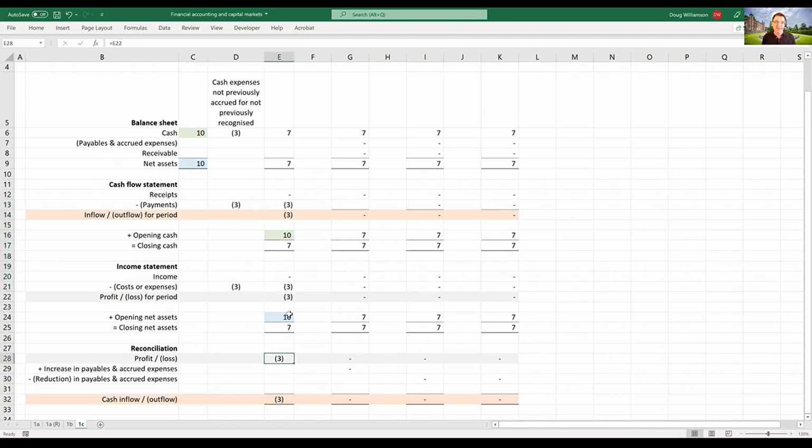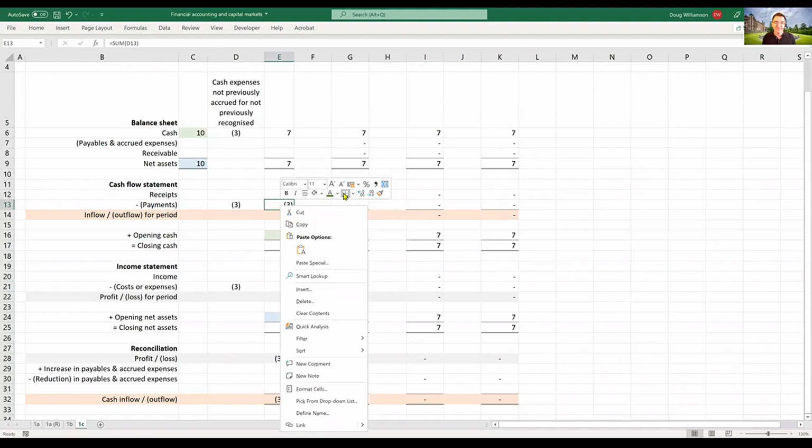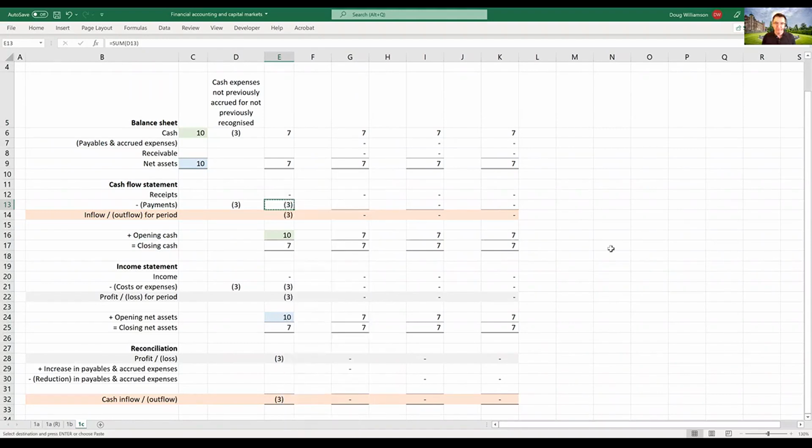No difference between the loss in the period of 3 and the cash outflow for the period of 3 because the item is in both places. Okay, so far.